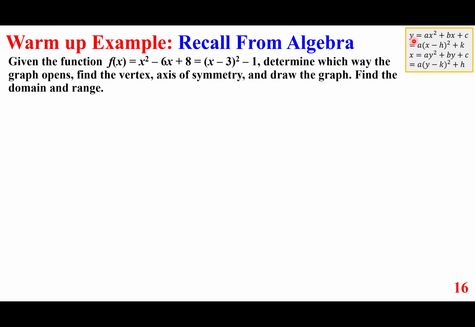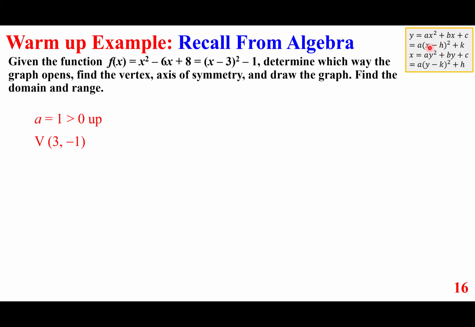And again, reminding you, y equals ax squared plus bx plus c, sometimes they call this standard form. Sometimes they call this one a standard form. It's a vertex form, a times (x minus h) quantity squared plus k. So we can see that, for example, a is 1, so it opens up. The vertex is located at 3, negative 1. So a is 1, positive means opens up.